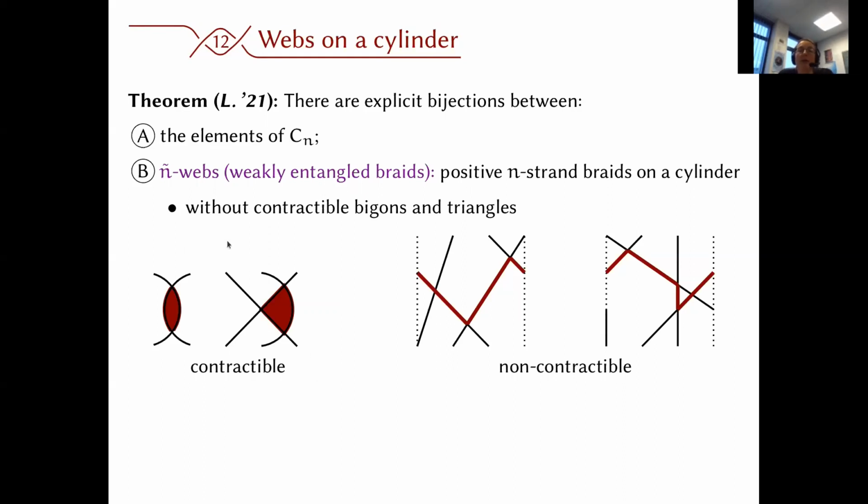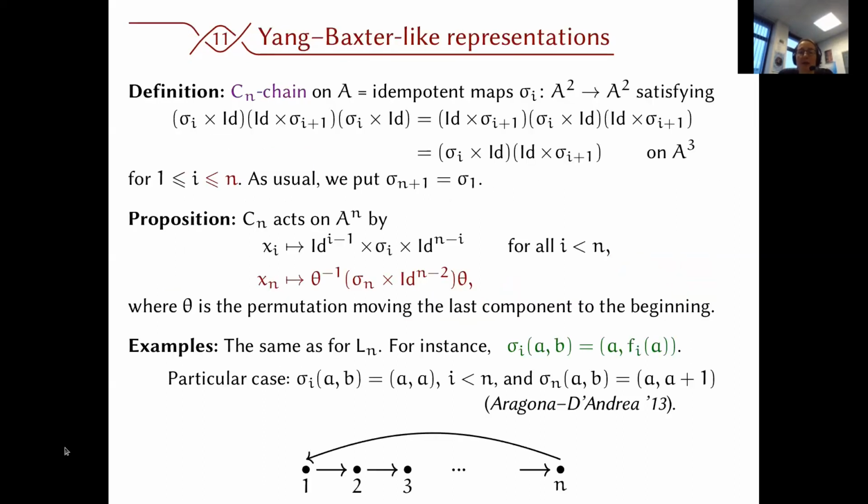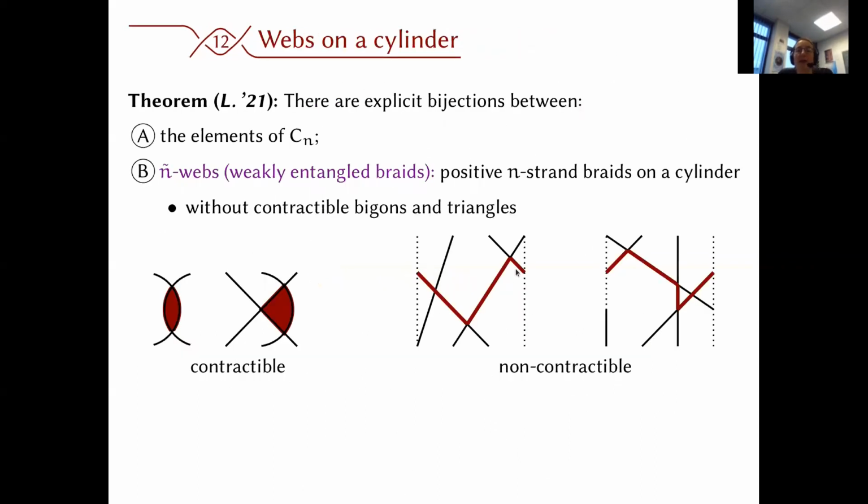We'll still call them n webs, for weakly entangled braids, but we'll add a tilde to n because in one of the possible languages this circular thing corresponds to the A tilde types. So what are these objects?